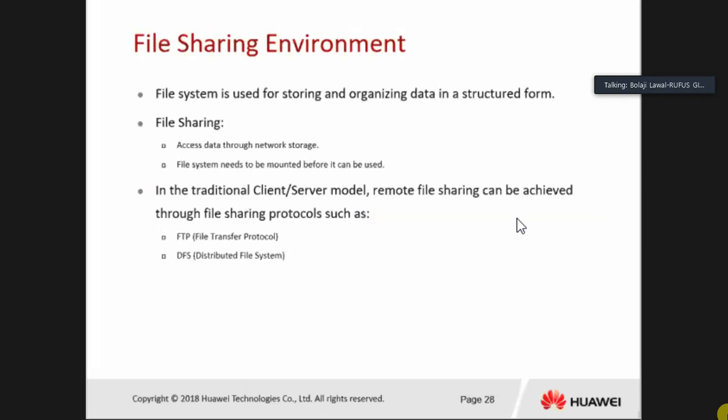When we say structured form, I discussed it with you guys now. Let me give you an example. Now I told you we have today the file, block, file, block, then we have objects.